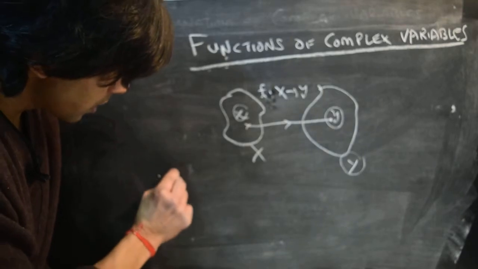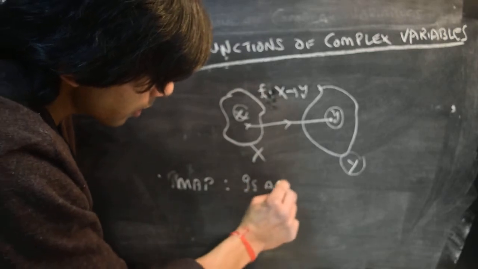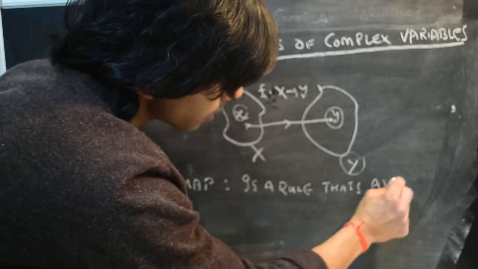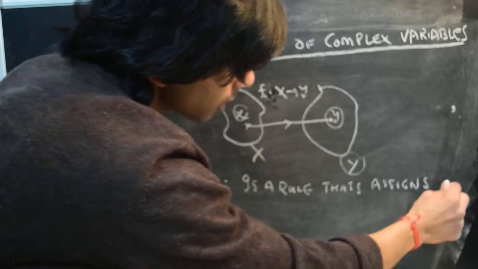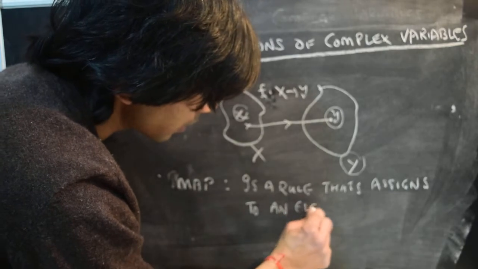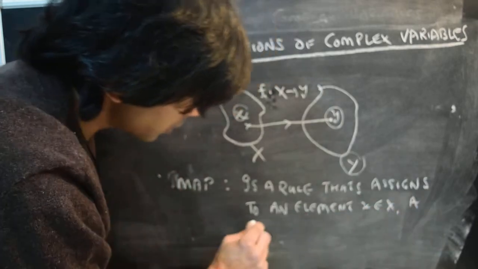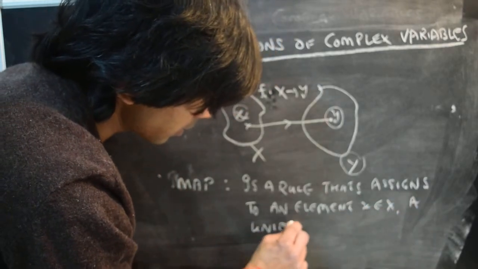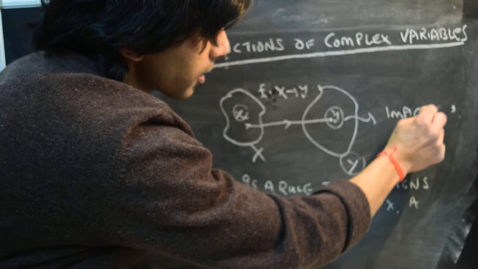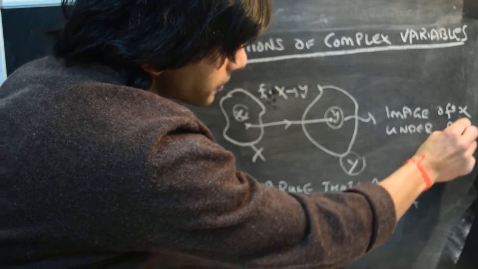So let's say a mapping is a rule that assigns to an element small x belonging to the set X a unique y, and this y is called, under the mapping, the image of x under the mapping f.